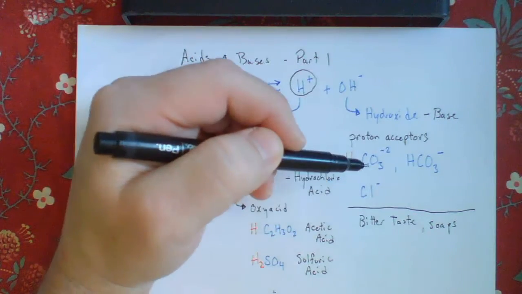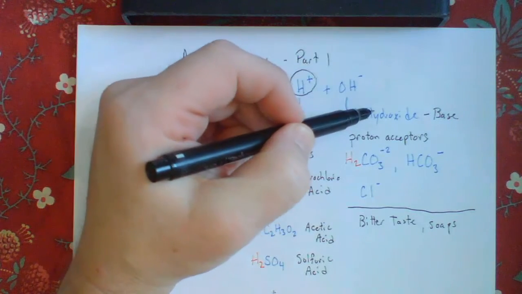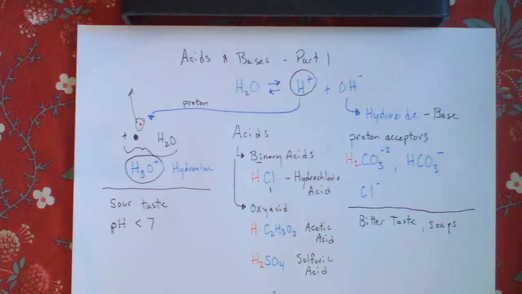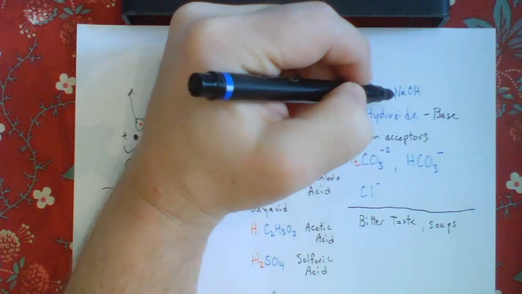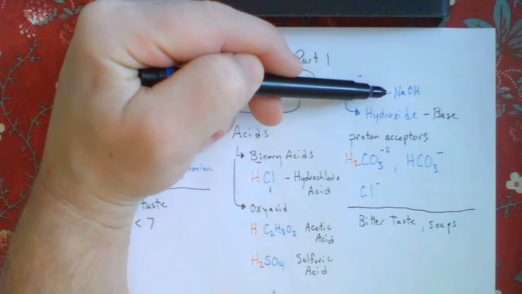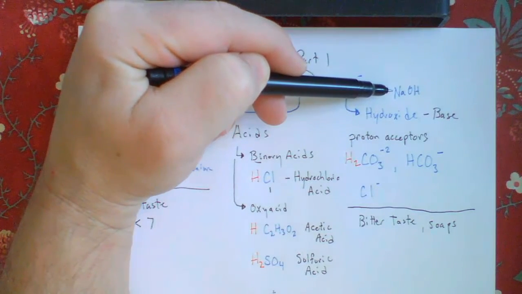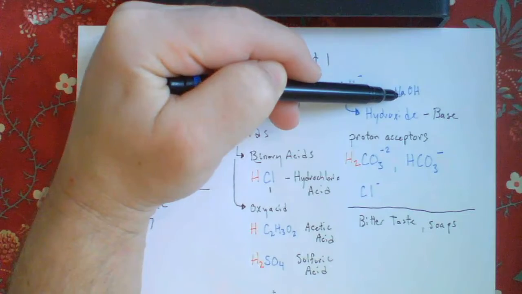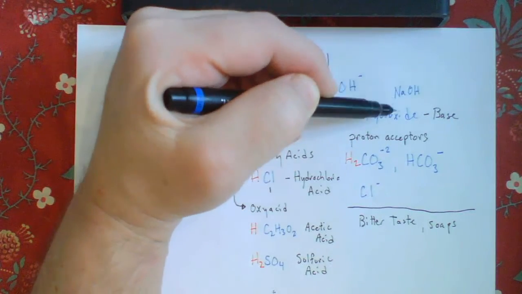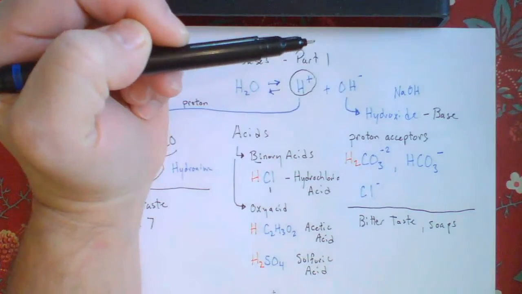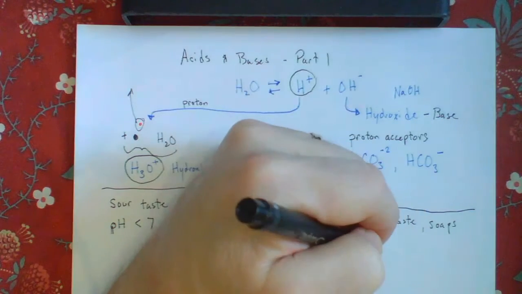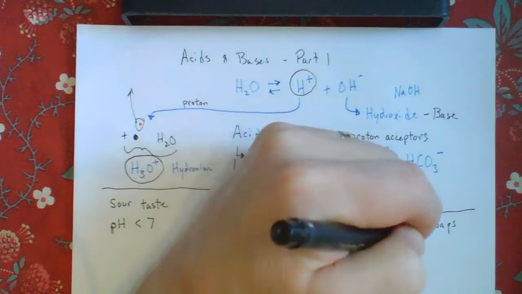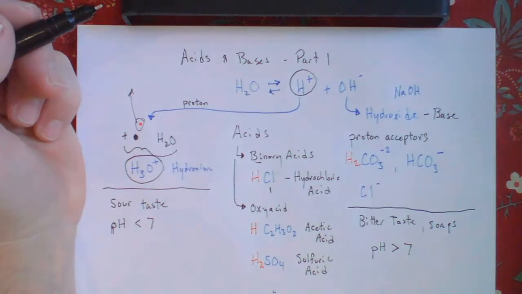Another good example would be when we have that hydroxide, like sodium hydroxide, NaOH. Sodium hydroxide is usually used in our drain cleaners, so that's a good example of a base. When we dump it into water, it creates that hydroxide floating around, where really the sodium is just a spectator ion. We also see these whenever our pH is greater than 7. Whenever the pH becomes greater than 7, then these are things that are going to be on that basic level.